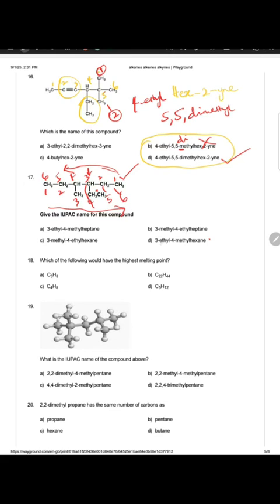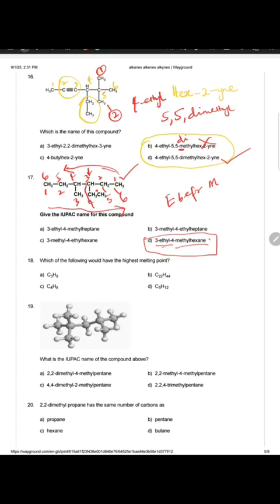So that is going to be 3 ethyl, and then this is going to be 4 methyl hexane. So now when you are naming, you ensure that you are naming the ethyl and methyl in alphabetical order. So because E comes before M, you name it ethyl first before naming methyl.